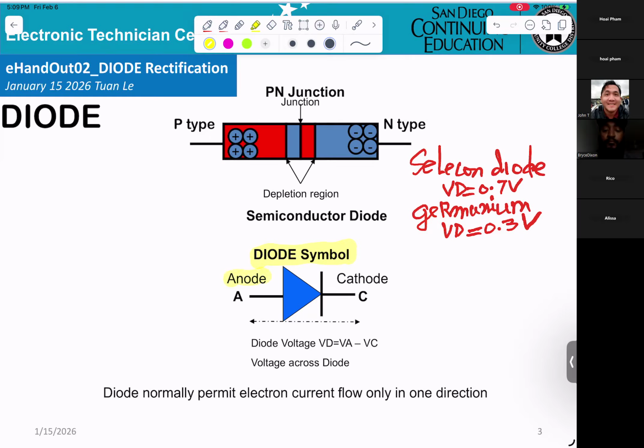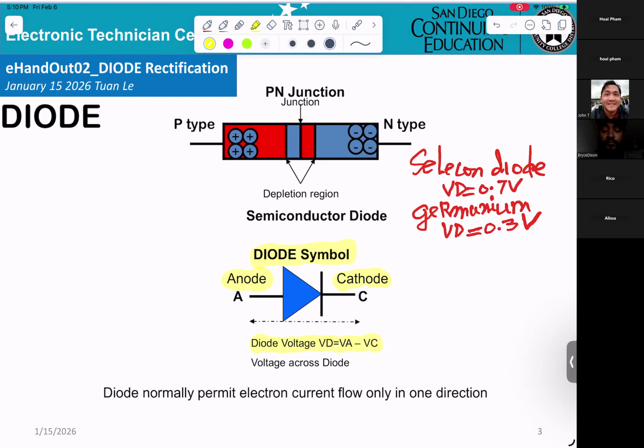On one side, A is for anode, and the other side C for cathode. So basically the diode voltage VD equals VA minus VC. That means the voltage across the diode.